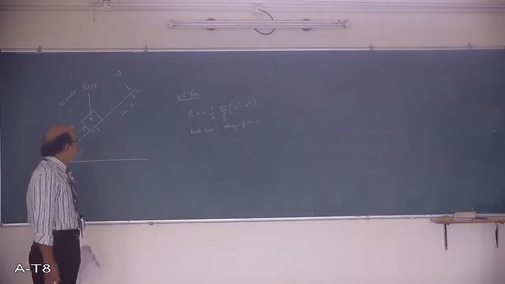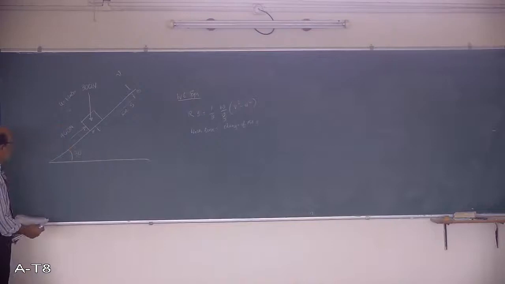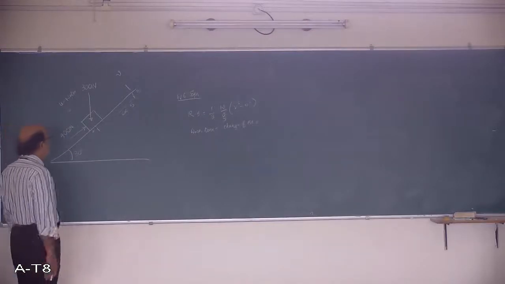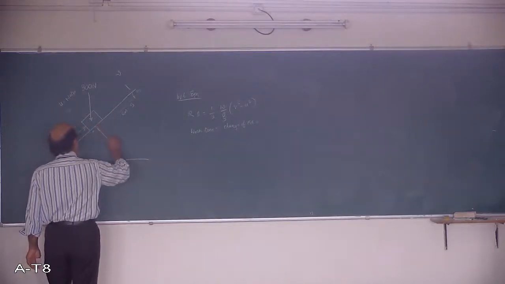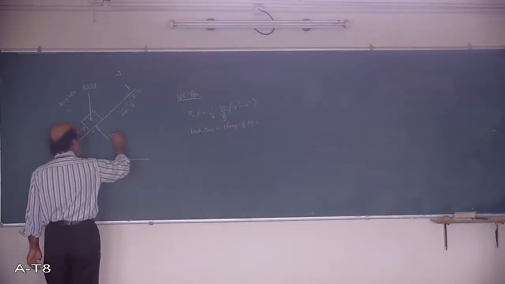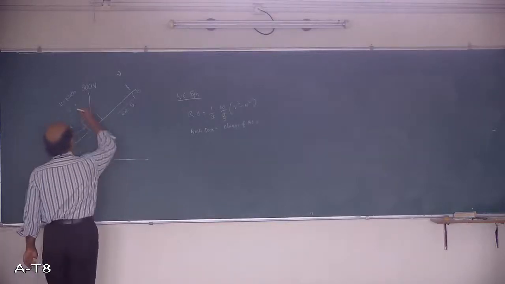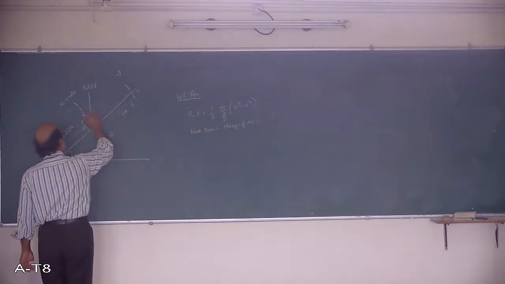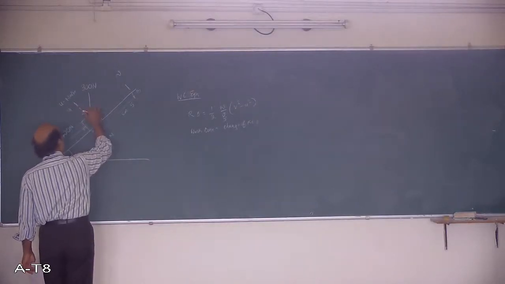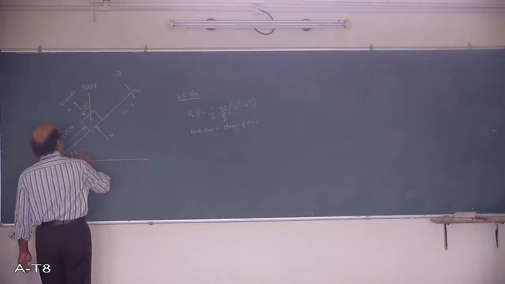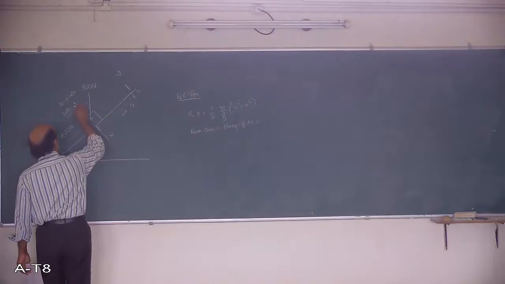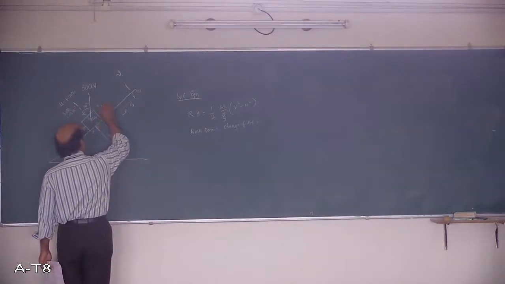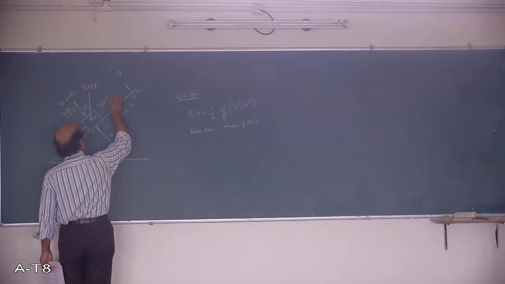Based on this, we have to determine the other parameters by drawing a free body diagram of this block. As you see, the 400 Newton force is acting here, and 300 Newton is acting. We have to calculate what other forces will be there. There is always a normal reaction for any body. The component of the weight in this direction is 300 cos 30, and the component in this direction will be 300 sin 30.